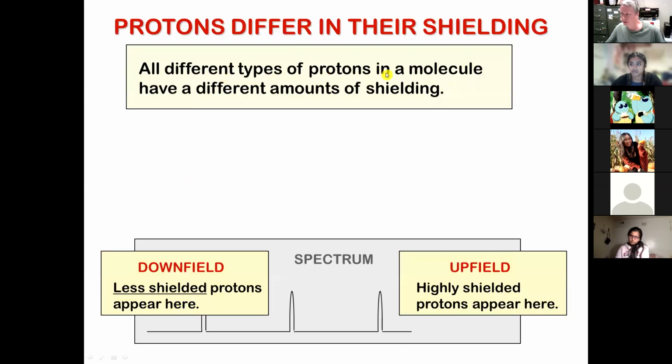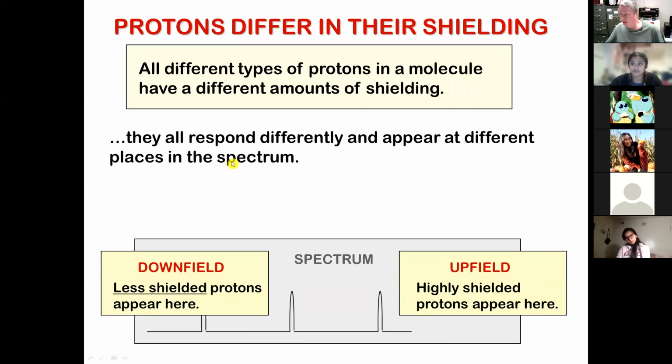Okay, so all types of protons have different amounts of shielding, right? The left side are called less shielded, or you can say deshielded. The right side are highly shielded. So the right side protons are highly shielded because there's a lot of electrons around. Things that are on the left are highly deshielded, okay? They all respond differently and appear at different places.